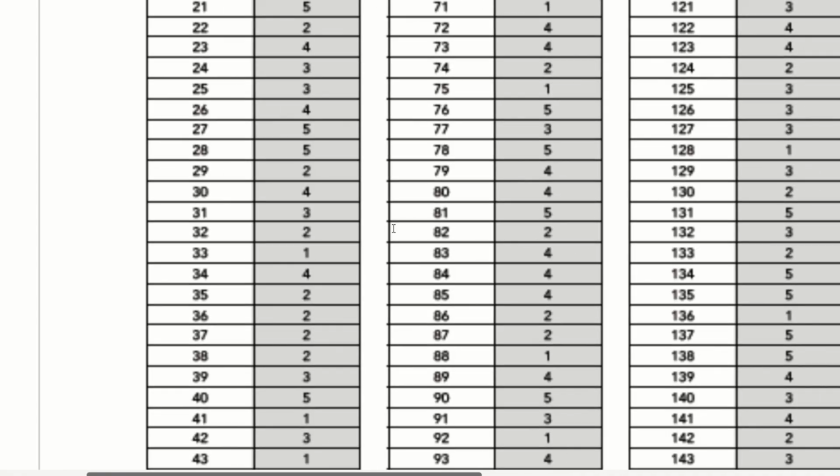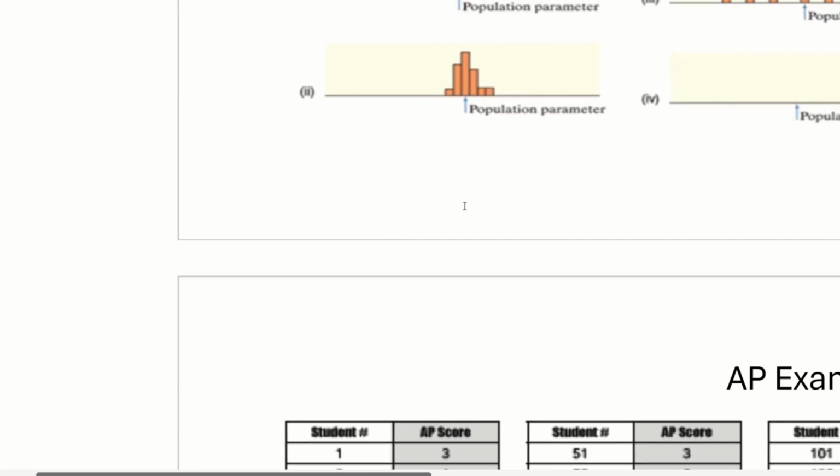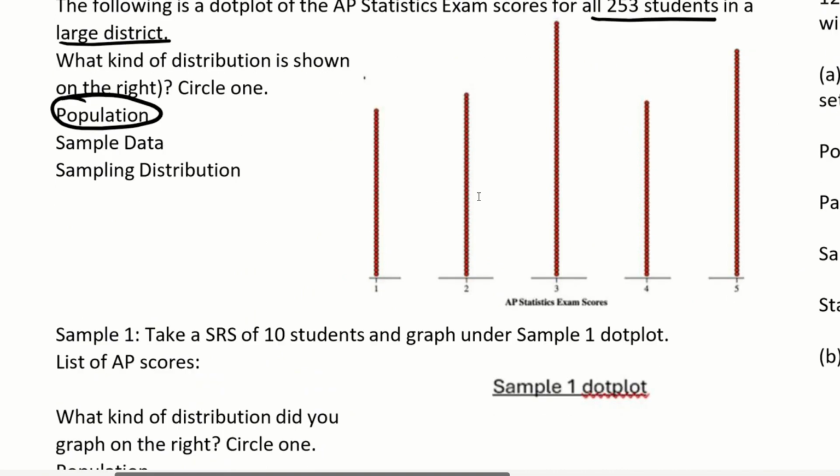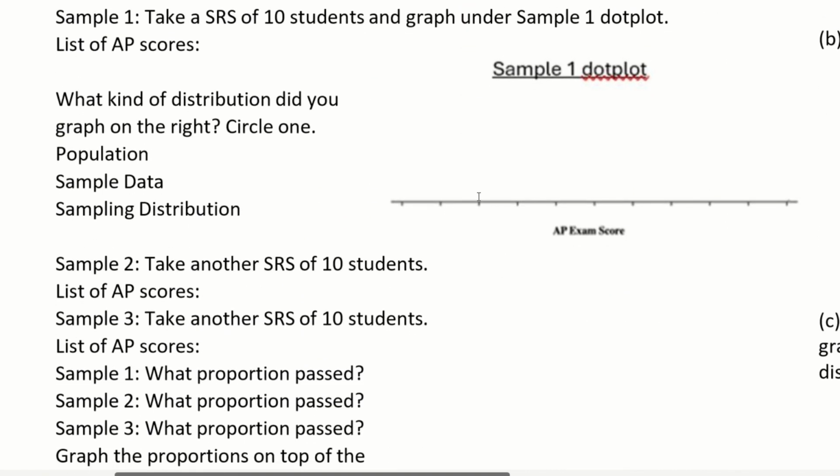You can use your own results or the results I have here, but it's good practice. So we're going to list out those AP exam scores.